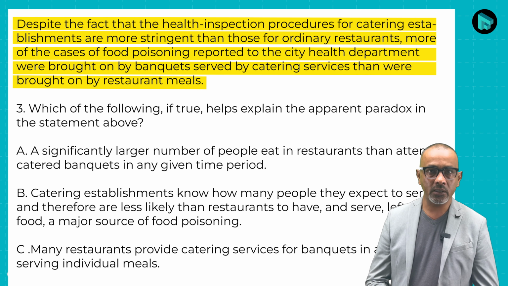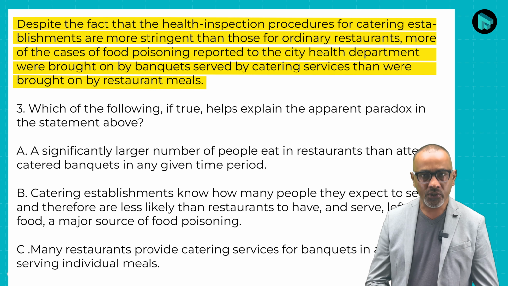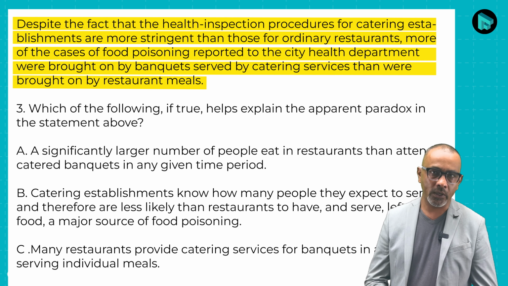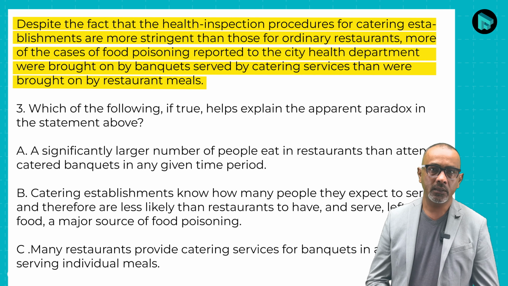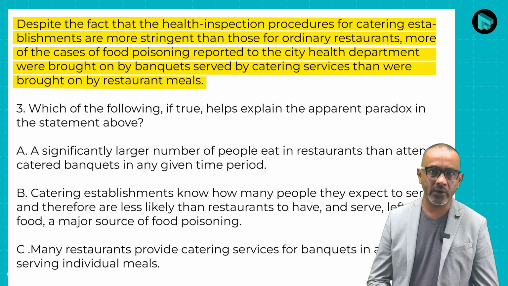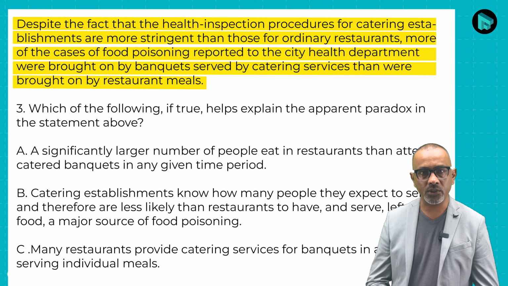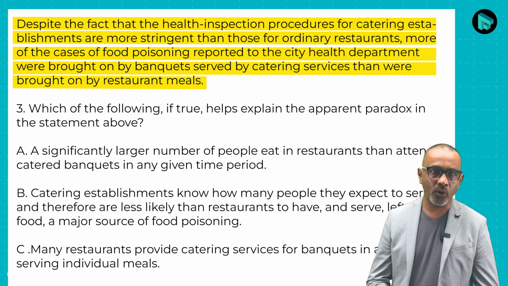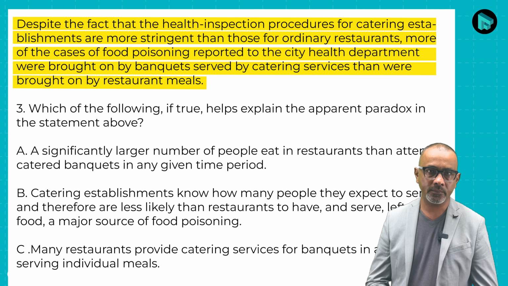The paradox in the statement is basically stricter inspection versus higher reports of food poisoning. Despite catering establishments having more stringent health inspection procedures than ordinary restaurants, more cases of food poisoning are reported from catering banquets than from restaurant meals.